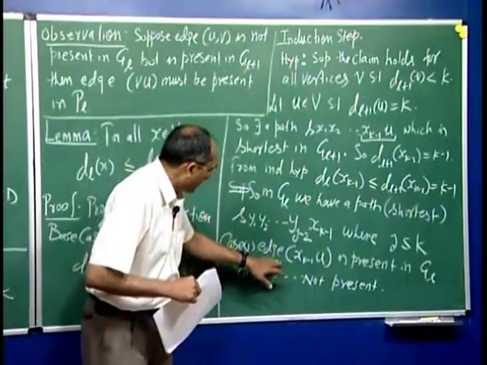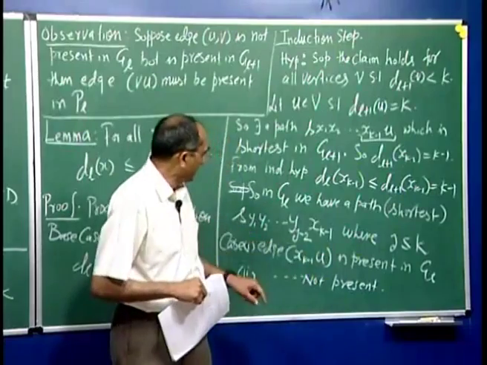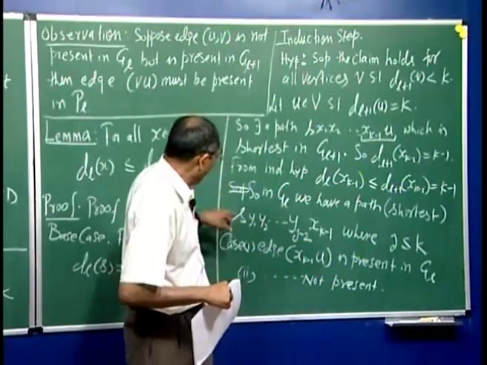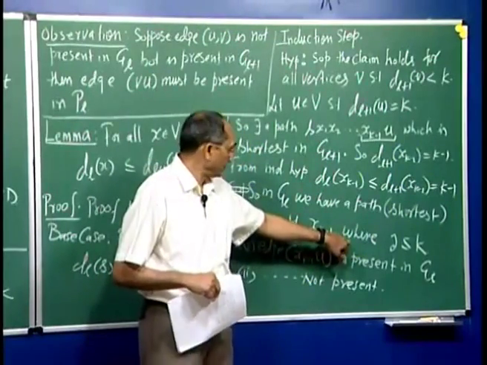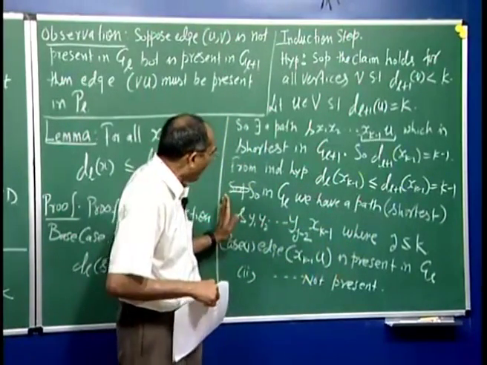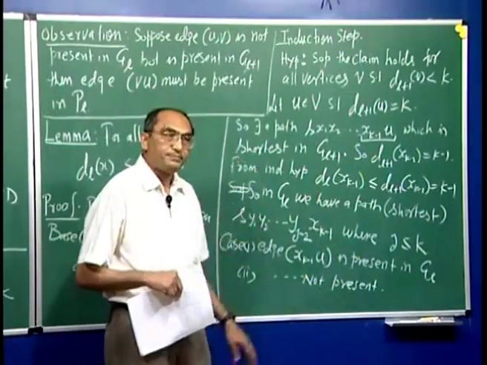Now consider the first case. If indeed this edge is available to us, then I can take this path and append this edge to it. That will give me a walk of length k.